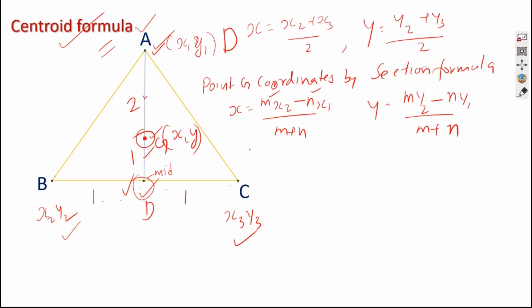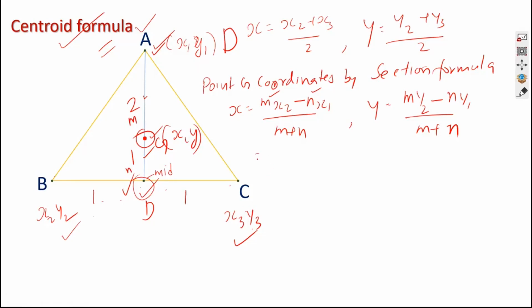So here it is. How will we do that? To make it very clear to you, let us put this as m and this as n. Let n be 1, m be 2.